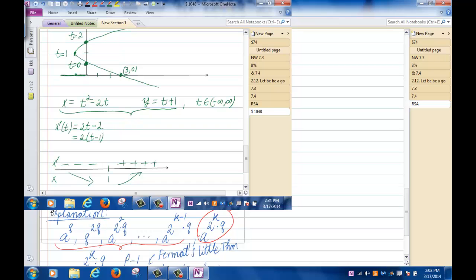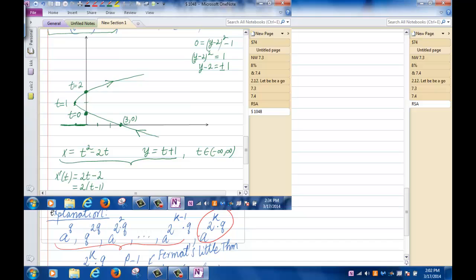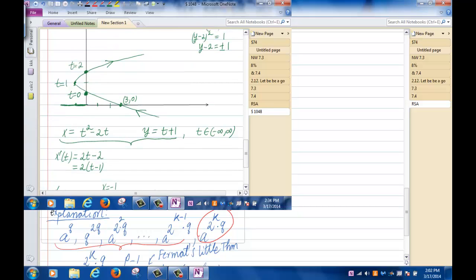So isn't it clear that the bug is moving in this direction? As t increases, the x coordinate is decreasing all the way up to negative 1. At this point, x value is negative 1. And then as t increases even more, the x coordinate starts to increase, right? So I know this is how the bug is tracing the curve. This arrow that I gave you is called the orientation of the curve.